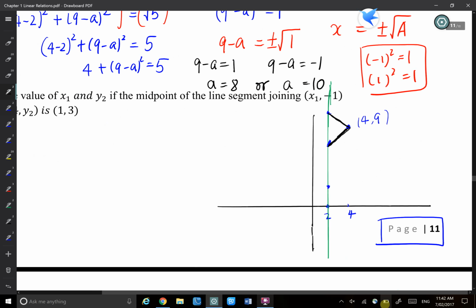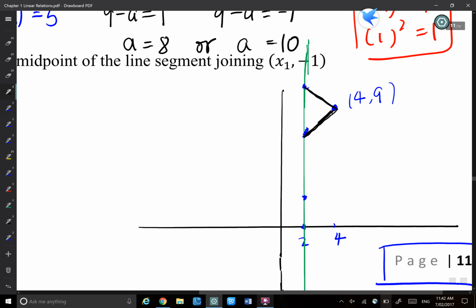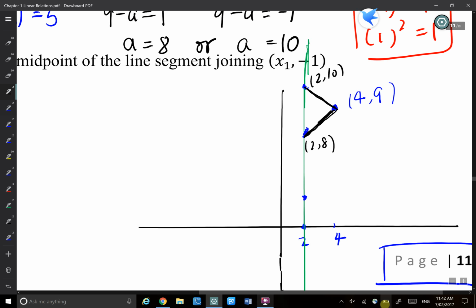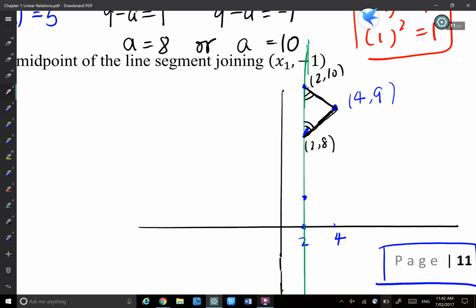I can go upper and I can go below. This is the value 10, and this is the value 8. They both give me a square root 5. This line can point in that way or point in that way. So for those two values, I can get square root 5 of this length. That's why you should have two solutions. You won't find a third one. This is like an isosceles triangle, with those two angles equal and those two lines equal.